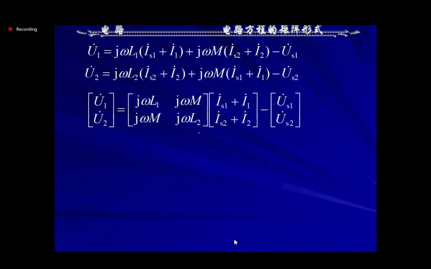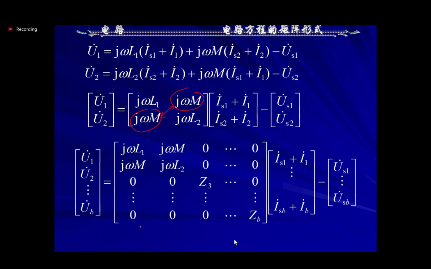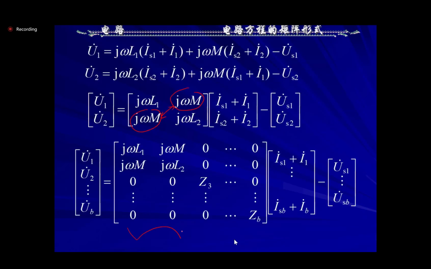When we write in matrix form, this position and this position are not zero. There will be j omega M in these two positions. That means this matrix Z will not be diagonal. This comes from the mutual inductance, because U1 is also affected by the current of branch 2, and branch 1 also affects U2.